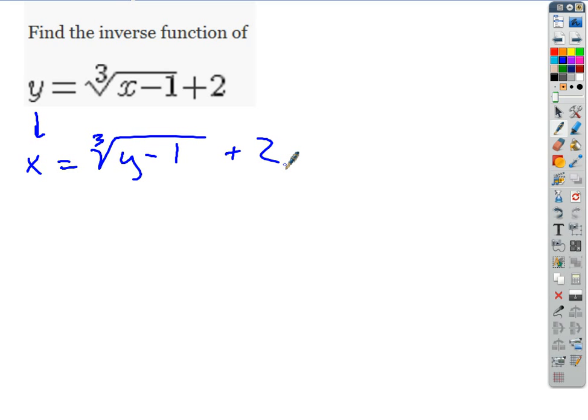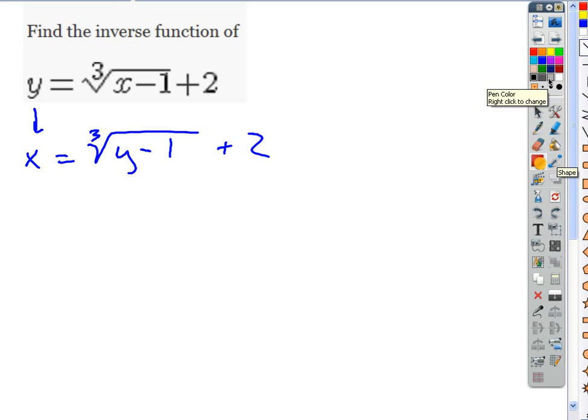So what are the steps I would go through in order to solve for y there? What would I do first? Okay, I'm going to subtract 2. Good. Okay, subtract 2, then what?